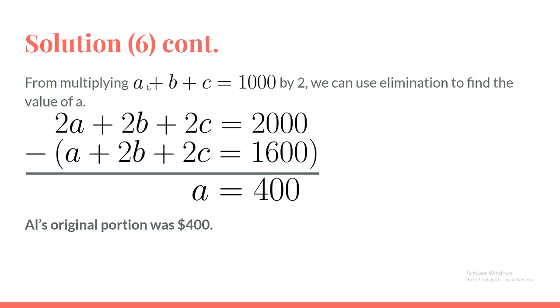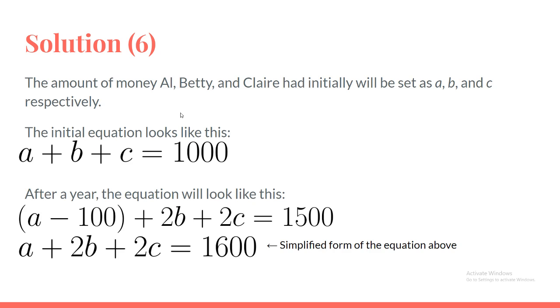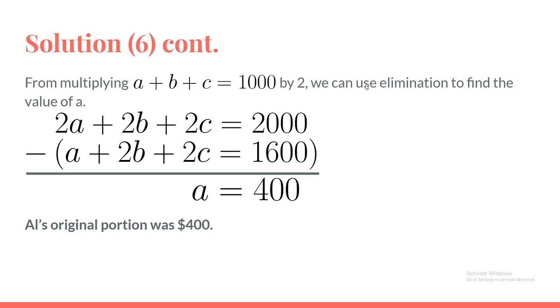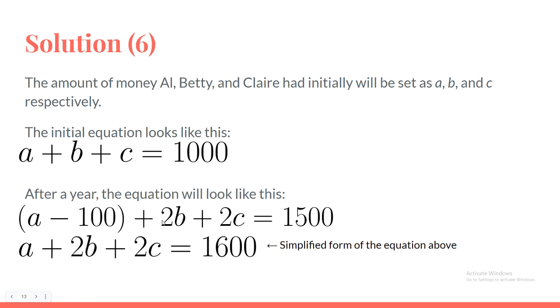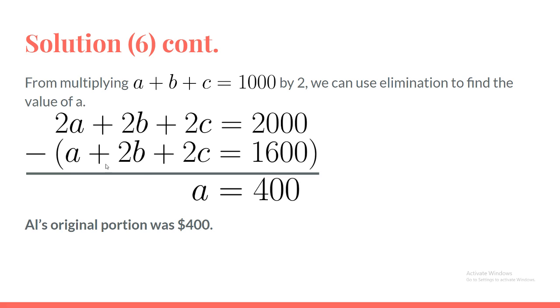Now, continuing on, we can multiply the first original equation by 2, and then we can use elimination to find the value of A. So if we multiply this entire thing by 2, we get this, and then we just subtract what we had here, which will then give us only 1A, which equals $400.